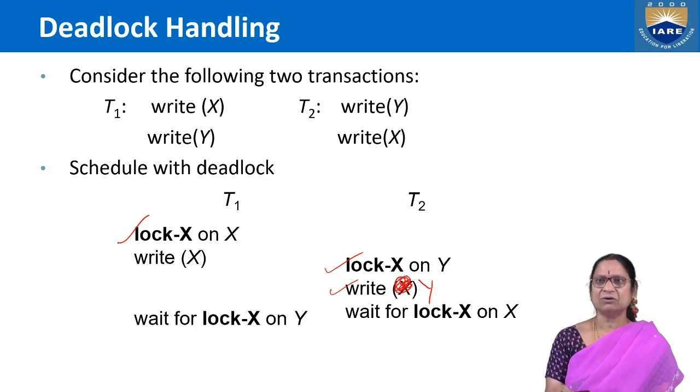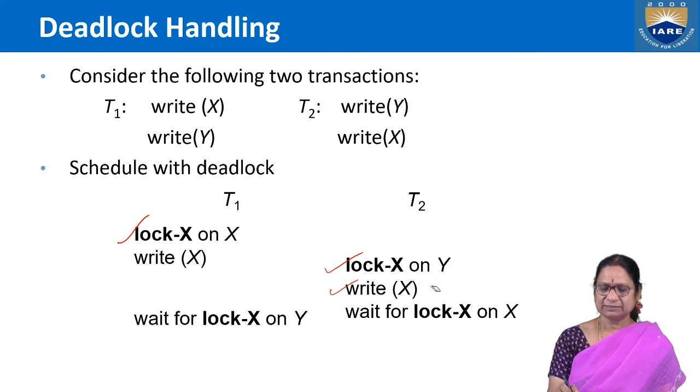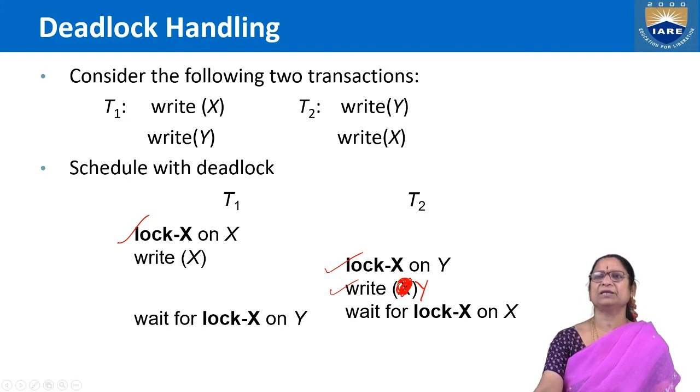So these exclusive locks are requested and granted. Now, what is the next operation of T1?